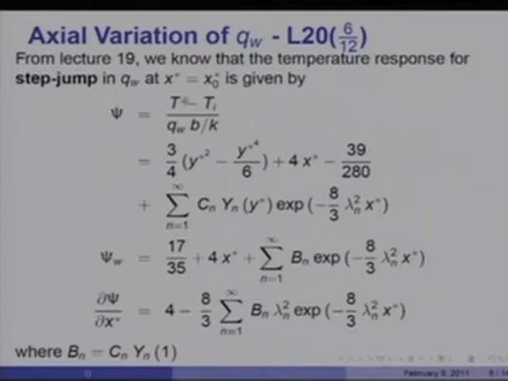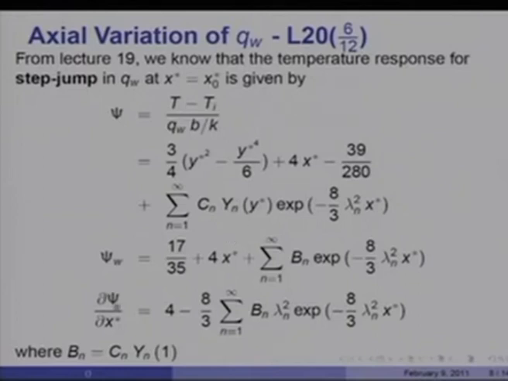So, writing this equation at y star equal to 1 would give me psi wall equal to 17 by 35 plus 4 x star plus sum of b n exponential of minus 8 by 3 lambda n x star, where b n is c n multiplied by y n at y star equal to 1.